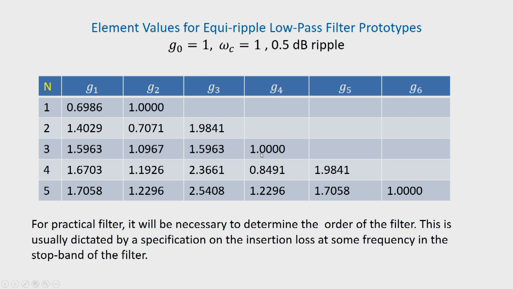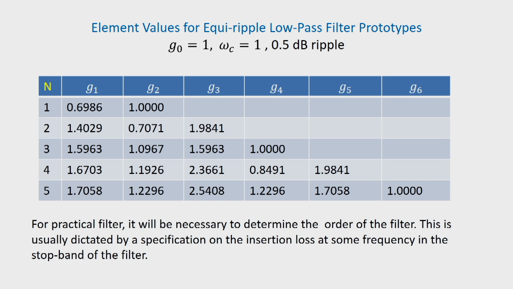When n is equal to 3, we have G n plus 1 is again 1. So, for all odd n's, the load resistance, normalized load becomes unity, whereas for even values of n, the normalized load is not unity.